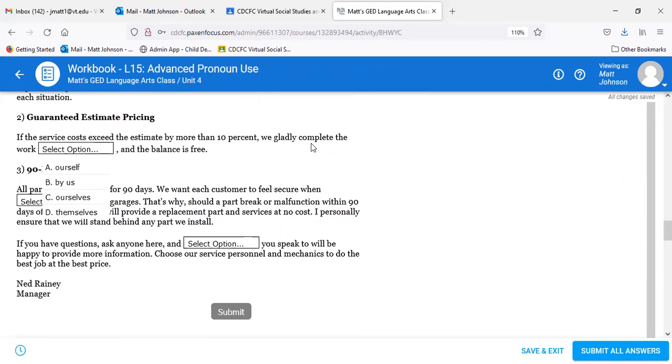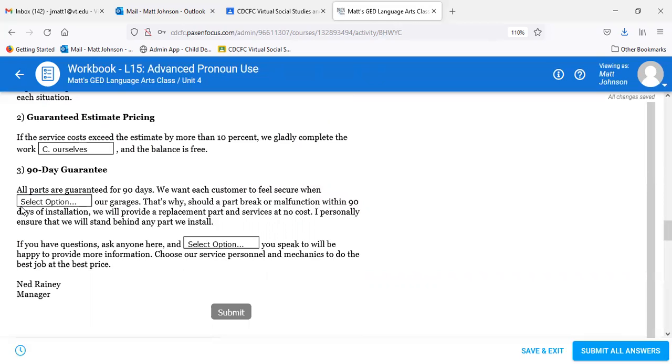A, ourselves, and the promise is free? No. In this case, it's going to be plural. So you're on the right track. It's going to be ourselves. C: we gladly complete the work ourselves and the balance is free.